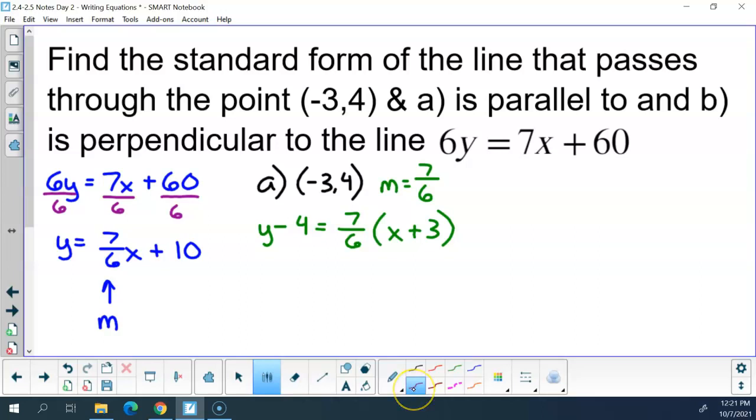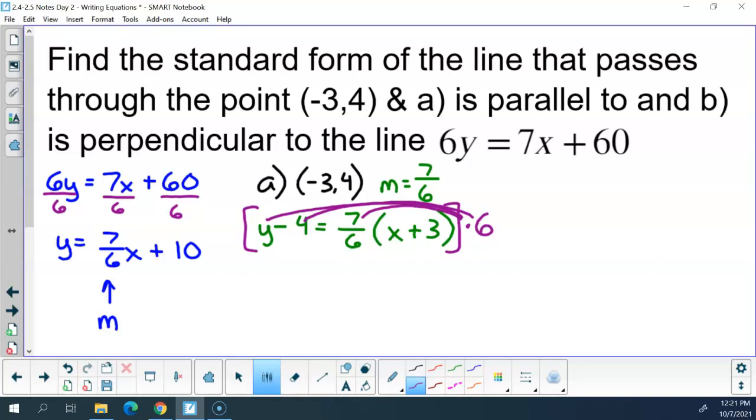So why did we divide by 6 in the first place? Because we had to find the slope. But we're getting rid of the slope now, right? No, we're putting it in standard form. So if I multiply everything by 6, that means I have to multiply the y by 6, the 4 by 6, and this whole term by 6.